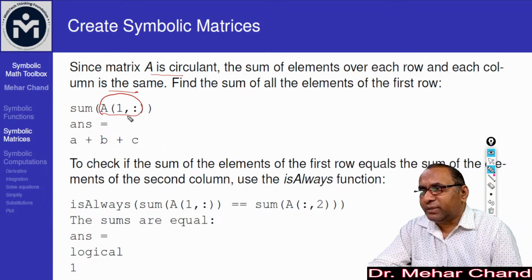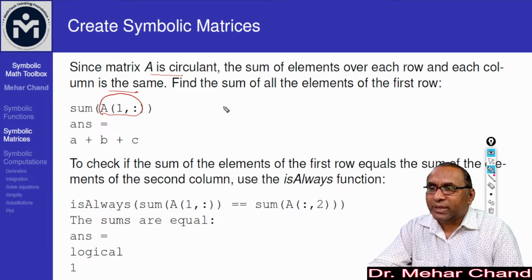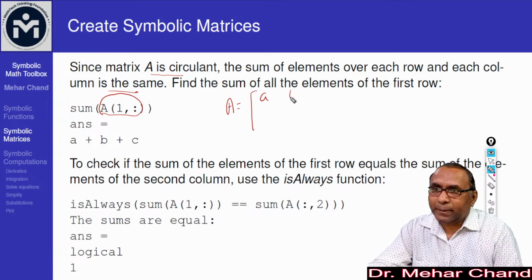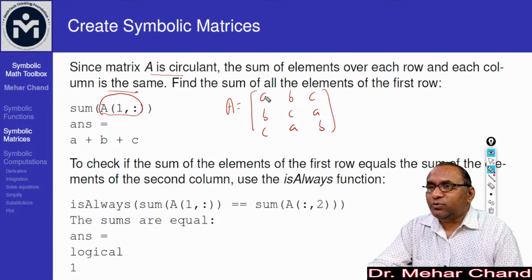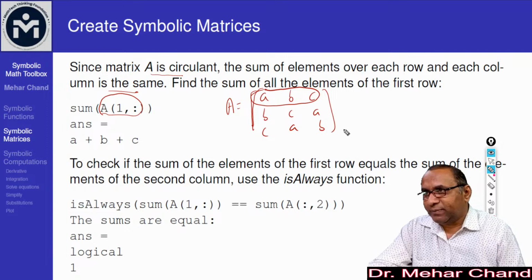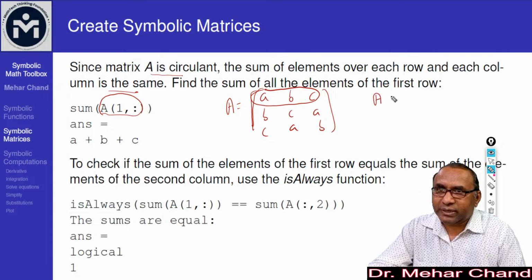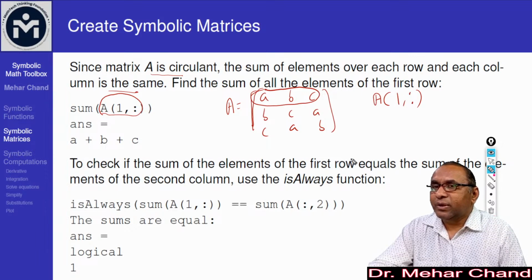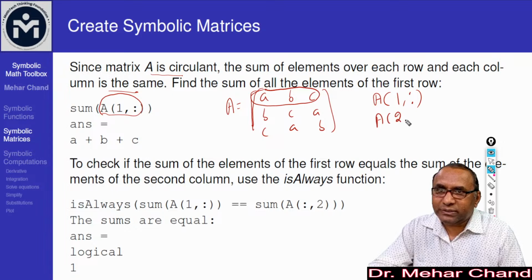So we have the A matrix, which is in this form: A, B, C; B, C, A; and C, A, B. If you want to extract this first row, then you have to use this code. Note this one very carefully, as we are using it again and again. This is the syntax. If you want to extract the second row, then we will use it in this way.